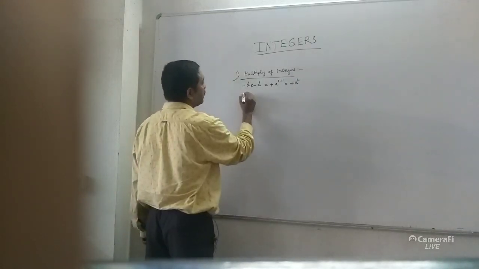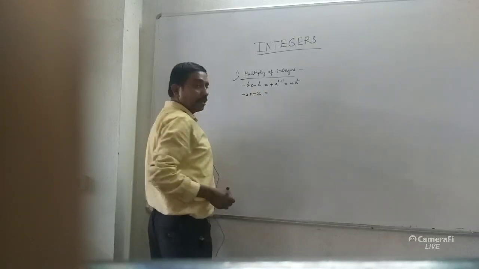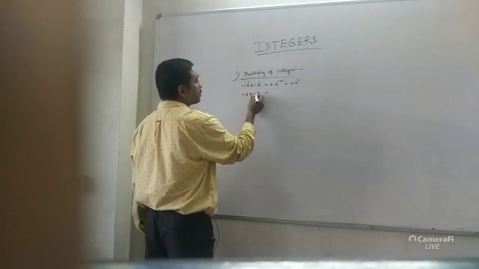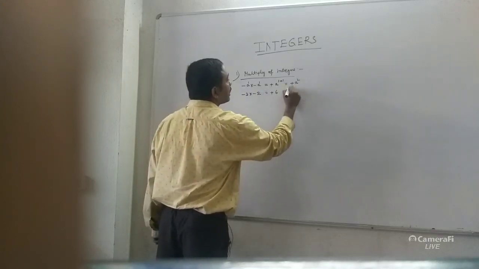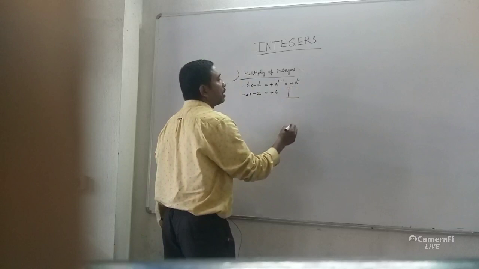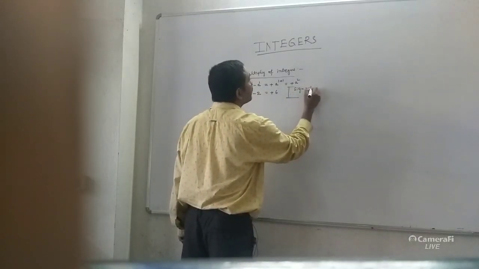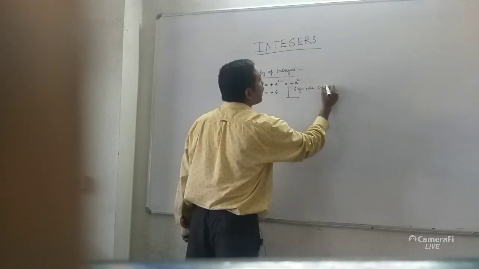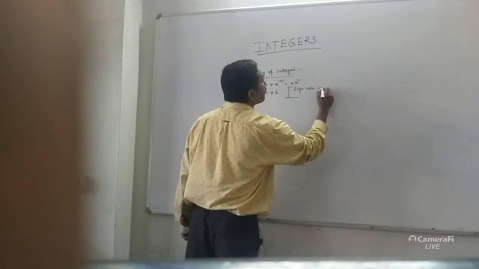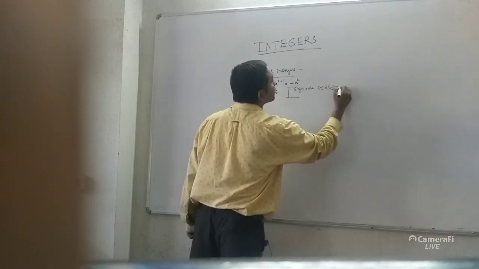Suppose minus 3 into minus 2. How do you multiply? Minus and minus, minus minus gives plus. 3 twos are 6. So what rules are applied here? Two rules are applied. Sign rule. What is the sign rule applied here? The sign rule is whenever a minus sign is multiplied with a minus sign, it gives a plus sign.